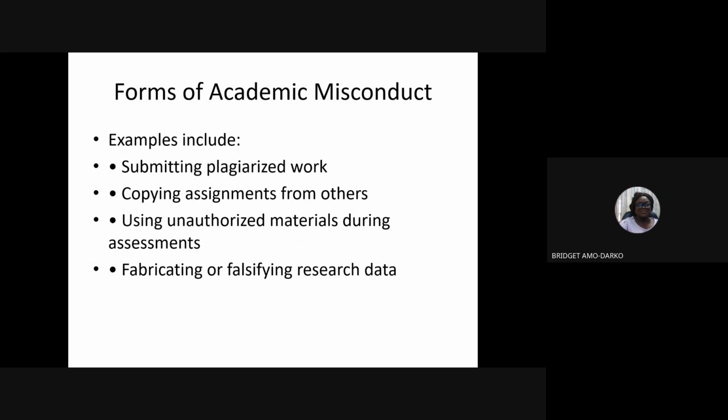Examples include submitting plagiarized work, copying assignments from others, using unauthorized materials, and fabricating research data. All these are misconduct. So if you don't do your assignments and you go and copy from your friends, these are what? Academic misconduct.